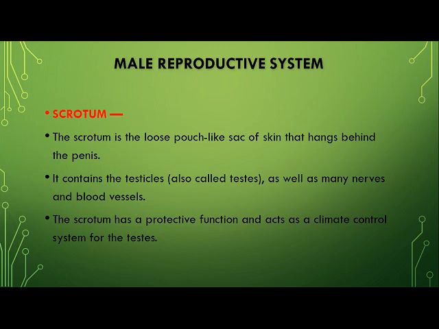They are also known as testes, and these testicles are richly supplied with nerves and blood vessels. The scrotum performs a very protective function because the formation of sperm takes place at a lower temperature. That is why the testes are found hanging outside the body.